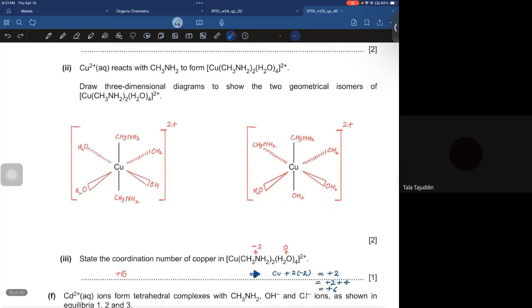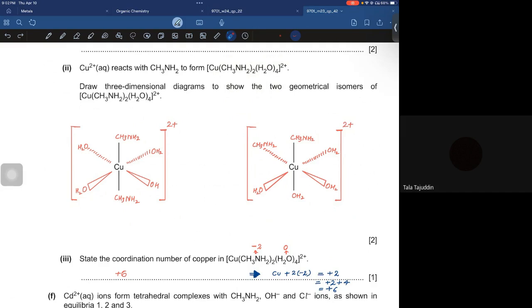Copper 2 plus reacts with methylamine to form this complex, where the coordination number is 6. 4 water and 2 methylamine, where the coordination number is 6.